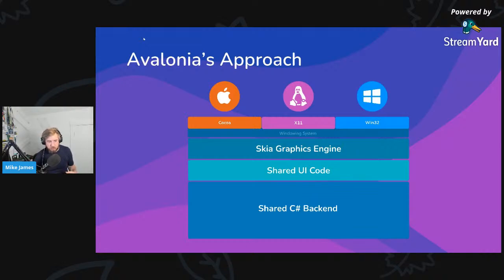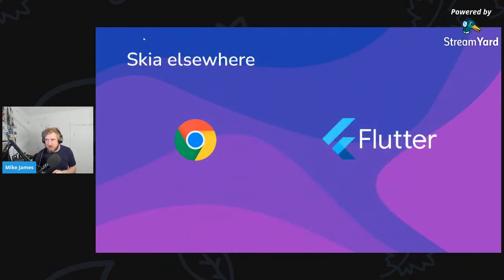Everything inside of the window that we're actually looking at, all of the buttons, the pixels, the bits, our UI, the bits we care about, are drawn for us using Skia. And this isn't uncommon. This is found across a myriad of different apps. Two of the most well-known technologies using Skia for drawing would be Chrome, be it the browser or even the operating system, Chrome OS, Android, Firefox is using Skia for some drawing, and then we've obviously got Flutter.